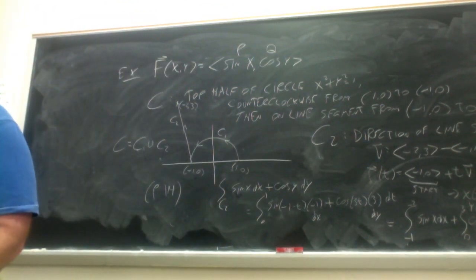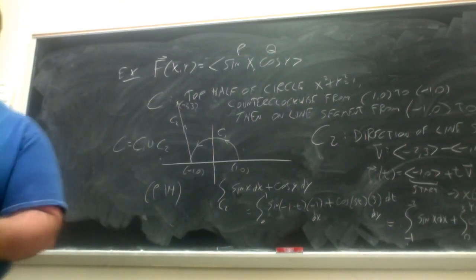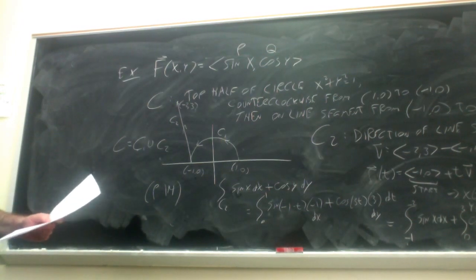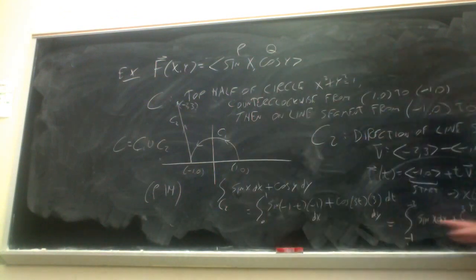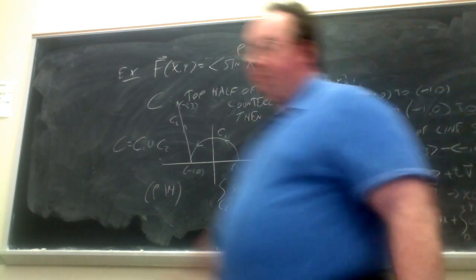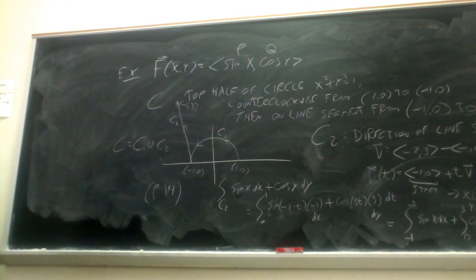Okay. So you can just work it out this way. So then you'd have minus cosine x plus sine y with limits 0 and 3. And then you can plug in the limits and you're done.